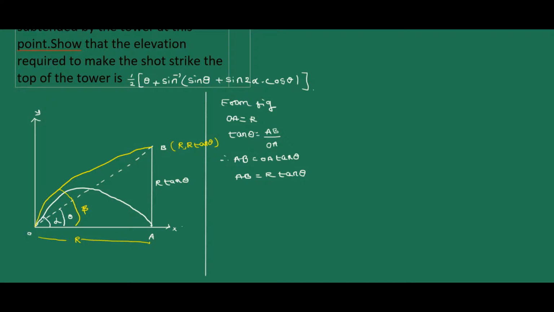I will write here, therefore coordinates of point B are bracket R, R into tan theta, which is the value for x and y. We know that the value for R is equal to u square sine 2 alpha divided by g.